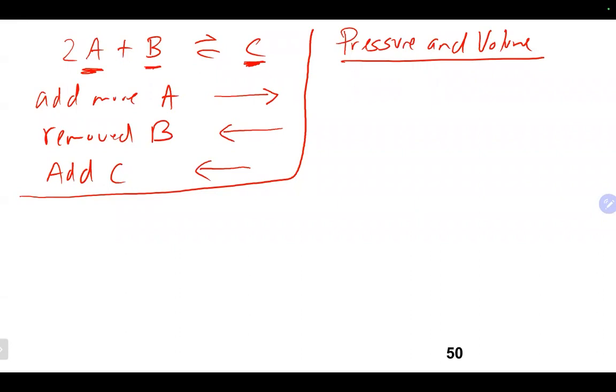Pressure and volume are basically opposites of each other, which means if the pressure increases, the volume will decrease. That is because in a very small volume, if you've got gas molecules flying around in a very small area, they're going to have a lot of collisions. And it's really the collisions that cause the pressure to increase. So in that very small area, a lot more collisions, we would expect the pressure to come up.